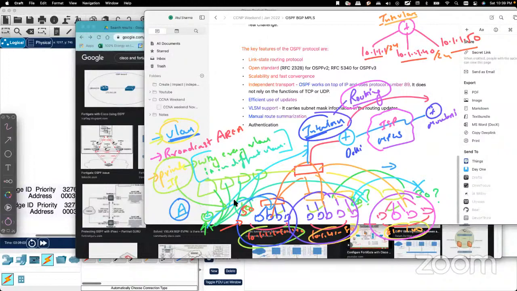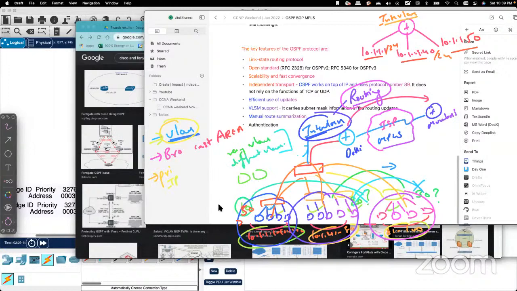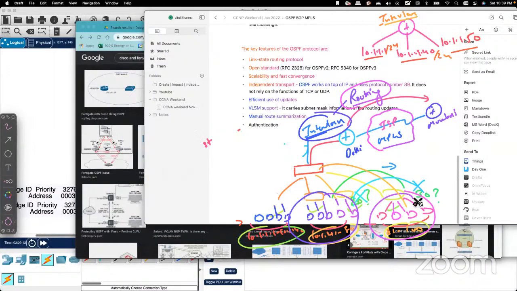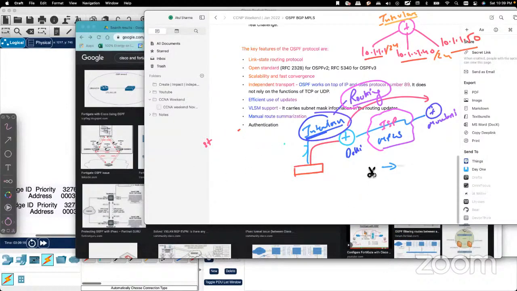Maybe also one more logic: when you use VLANs in your company, you try to create VLANs in a similar kind of network. Suppose you give 172.16.1.0/24 to sales.